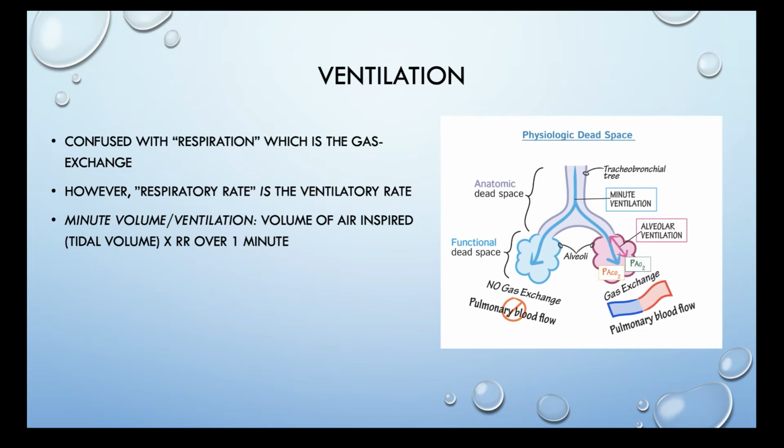Quite often it's like 400 to 600 milliliters, with 450 to 500 being the general setting for most adults. But that tidal volume is just that one breath. Every time they put a breath into a patient, that's the tidal volume.